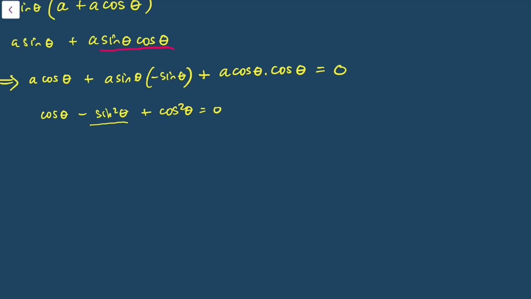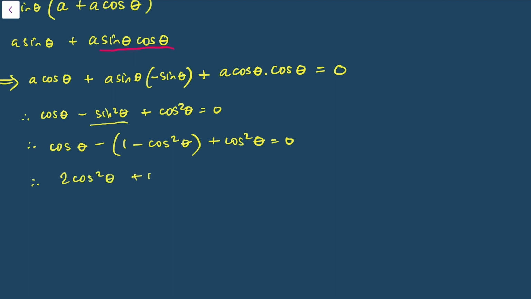So I'm going to replace this sine squared with 1 minus cos squared theta plus cos squared theta equals 0. And I'm going to therefore end up with 2 cos squared theta plus cos theta minus 1 equals 0.